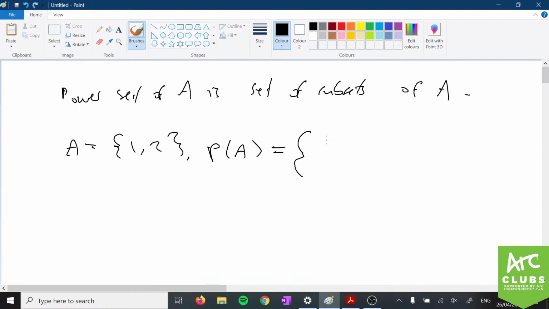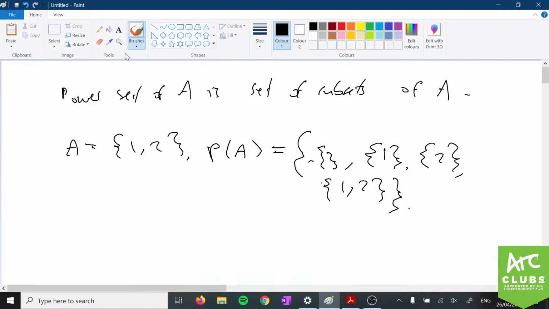So what's one subset of A? It's the empty set. Another subset is just {1}. Another subset is {2}. And the final subset is just A itself. And it's a set of sets.